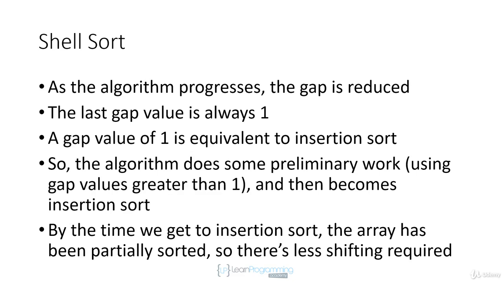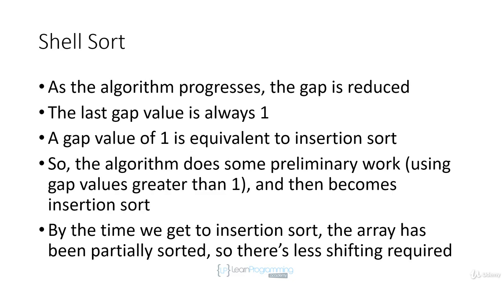And it does this, and this is very important, it keeps reducing the gap value until the gap value is 1. Now when the gap value is 1, we're essentially doing an insertion sort. So the last iteration of the gap value will actually perform an insertion sort. But at that point, the array will be more sorted than it was at the beginning.